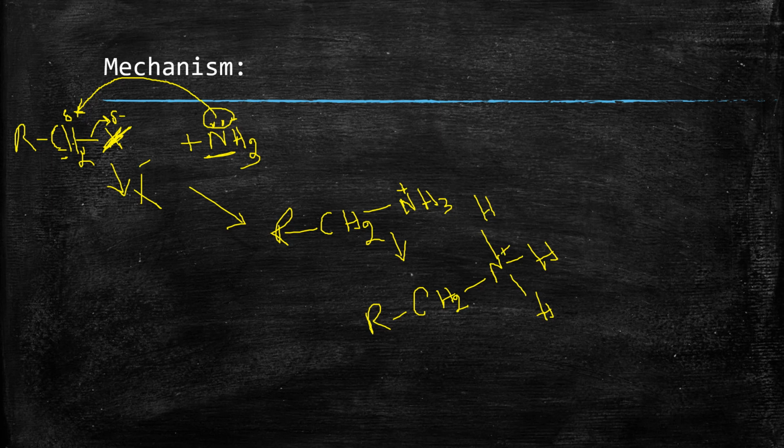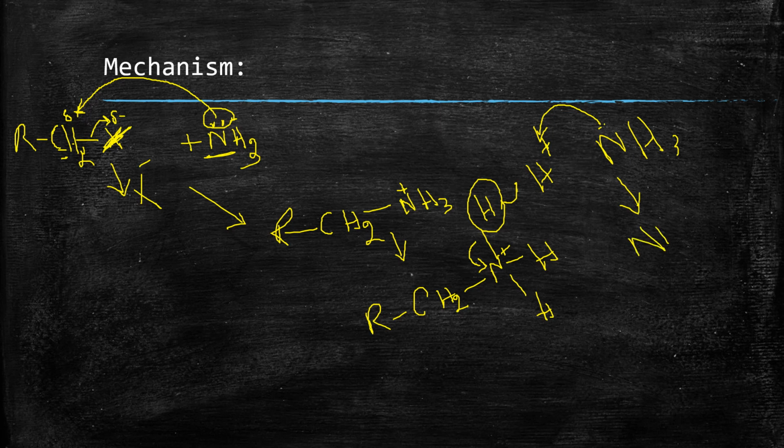Now what will happen? It will withdraw this bond pair and take it as its lone pair and release this H as H positive. This H positive will mix with another molecule of ammonia, NH3, and it will be given to this nitrogen, so we will be getting NH4 positive.